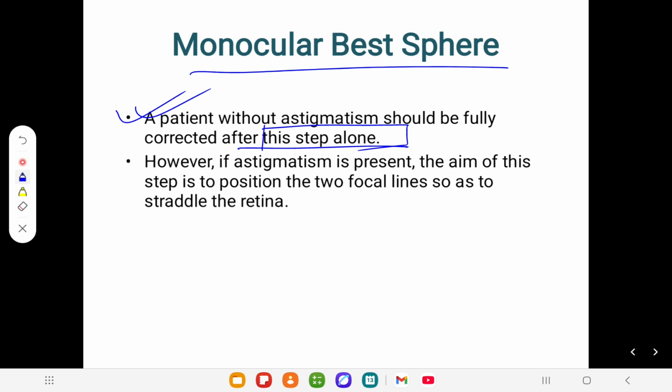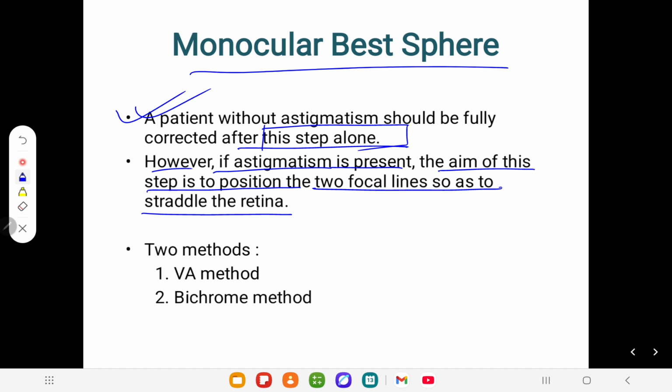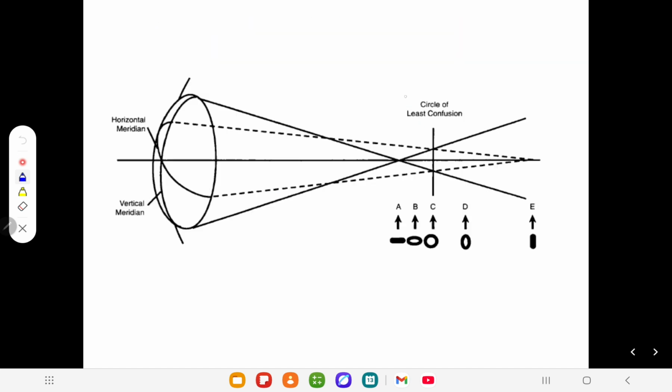However, if astigmatism is present, the aim of this step is to position the two focal lines so as to straddle the retina. After this step, the monocular best sphere, what we want is the retina placed somewhere between them, at the position of the circle of least confusion, and the two foci straddle the retina.